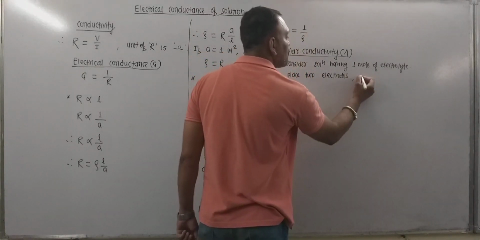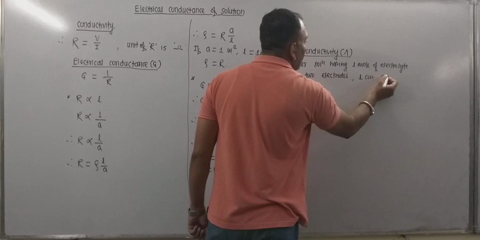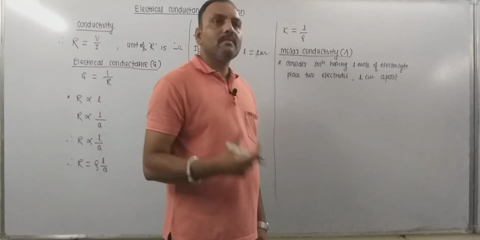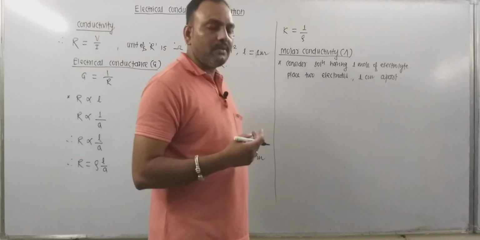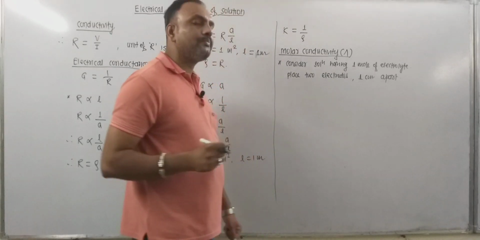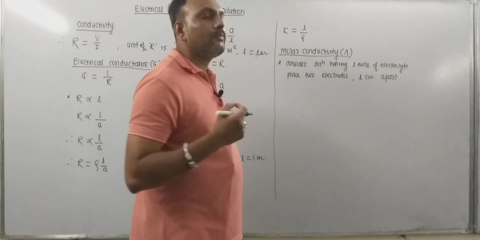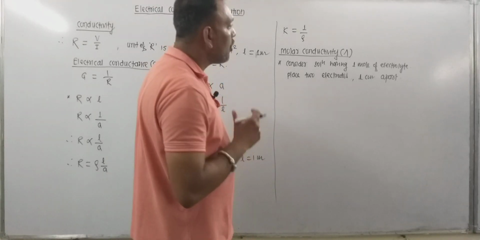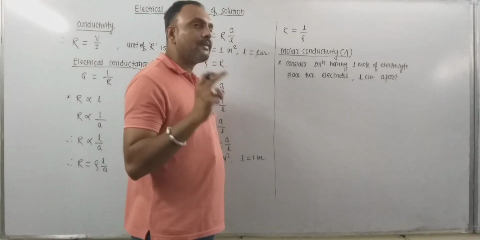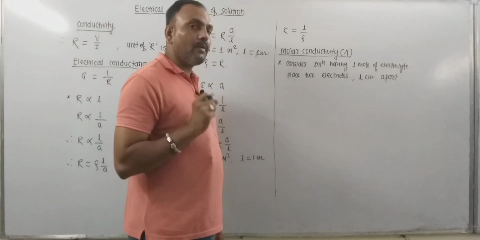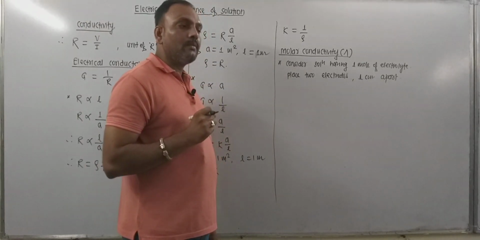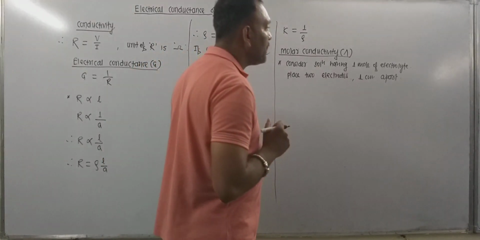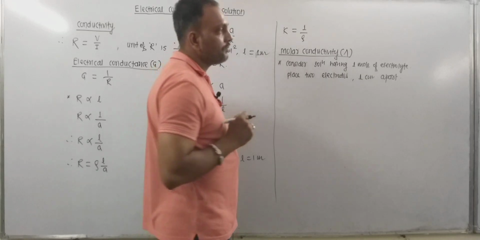Place 2 electrodes 1 centimeter apart, and then pass electric current and record the conductivity. Remember, the conductivity recorded can be the molar conductivity of that electrolyte. Again, one thing to be noted: as far as molar conductivity is concerned, we are interested in 1 mole.